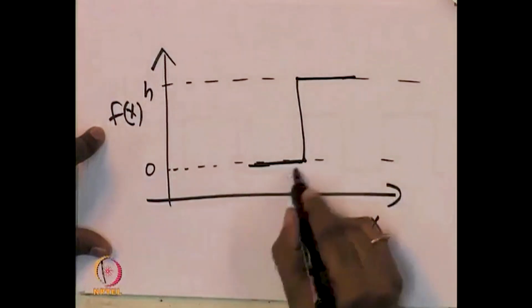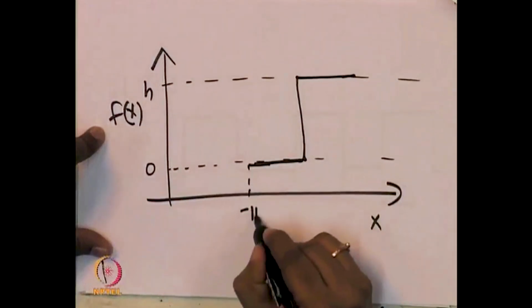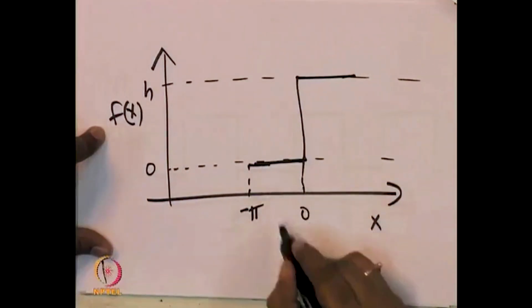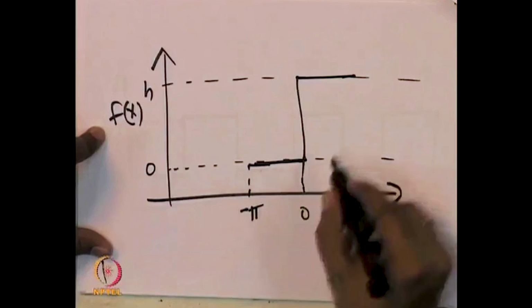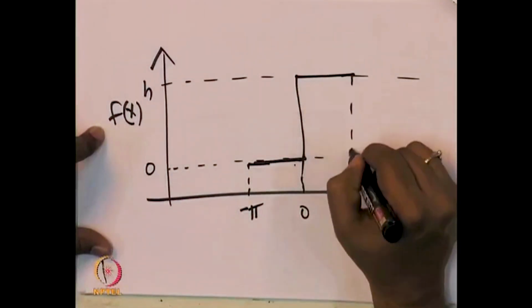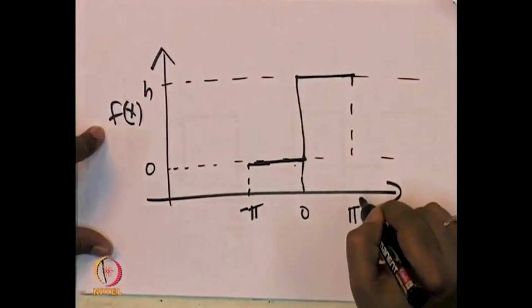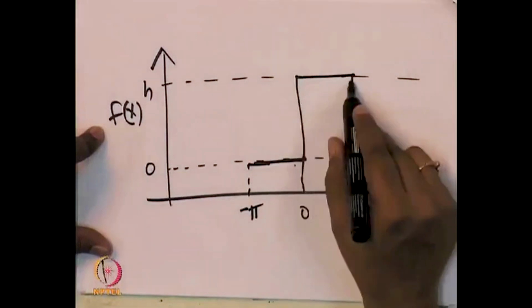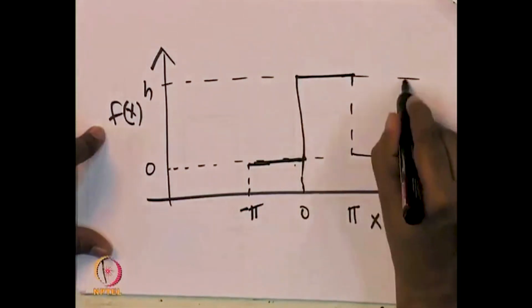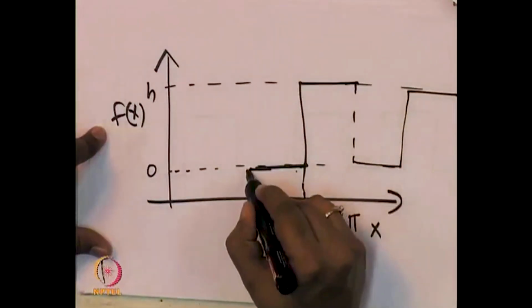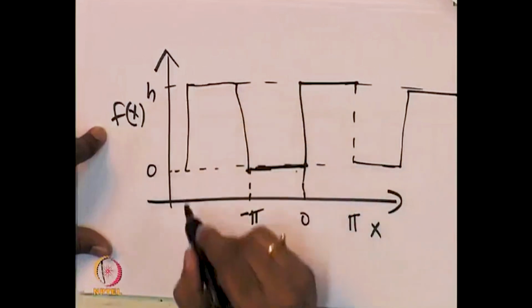From minus pi to 0 it is 0, and from 0 to pi it is some value h. Then again it repeats, it repeats here also.